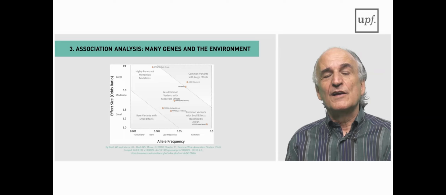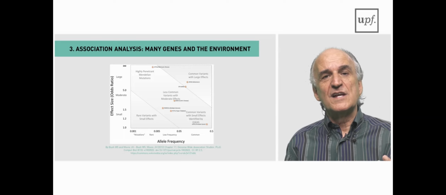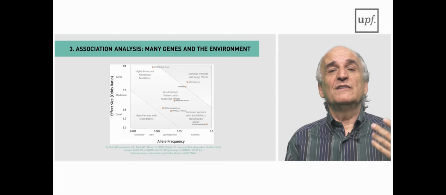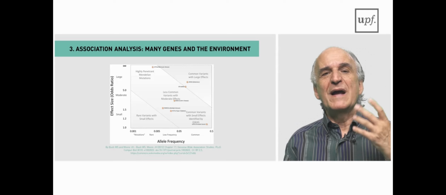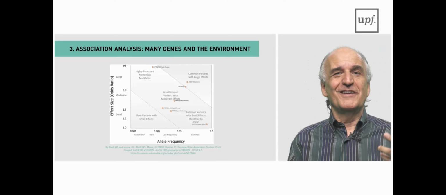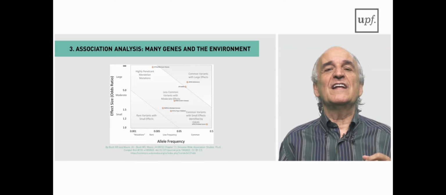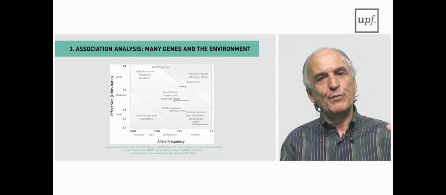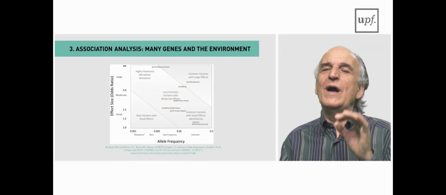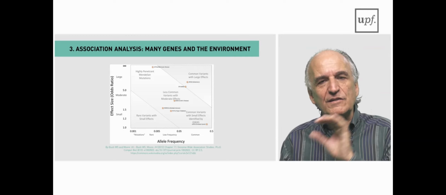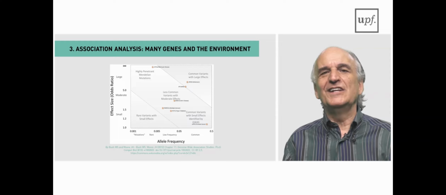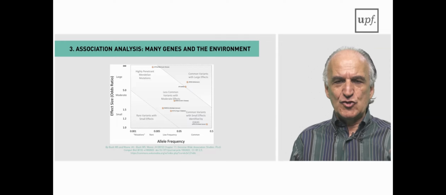The effect of these variants varies, and the ideal is to find the variants that have a very strong effect, but these are the ones that are more easily found in all the studies. And right now people working on the genetics of complex diseases are trying to find the ones that are in the lower part, meaning the susceptibility not being very, very strong.